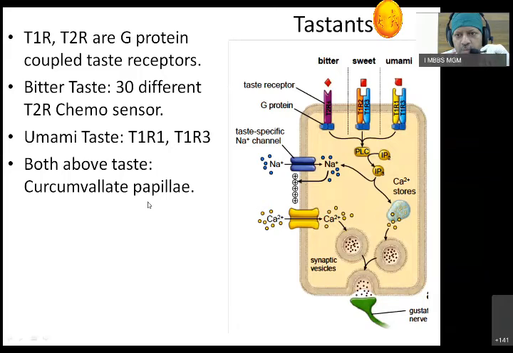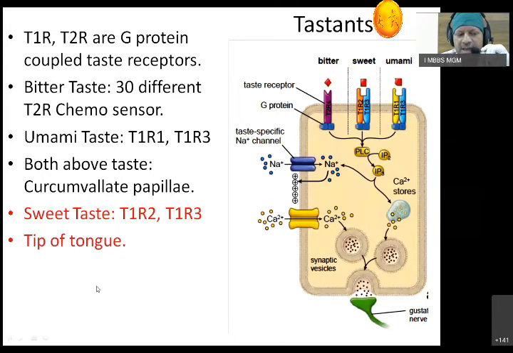Once the G protein is activated, they make the sodium channel leak, and then it ultimately stimulates the calcium channel. Another taste is sweet. Sweet requires T1R2 along with T1R3, while umami has T1R1. Sweet taste is also G protein related.